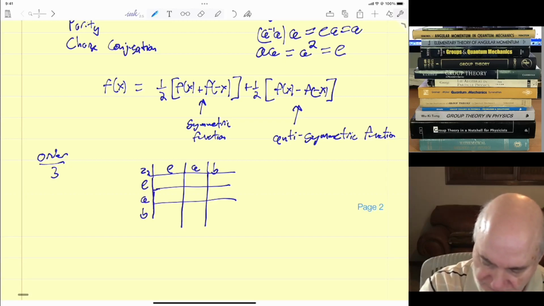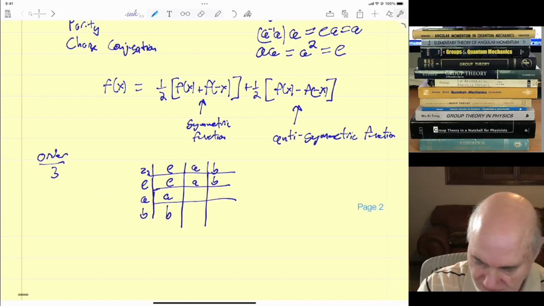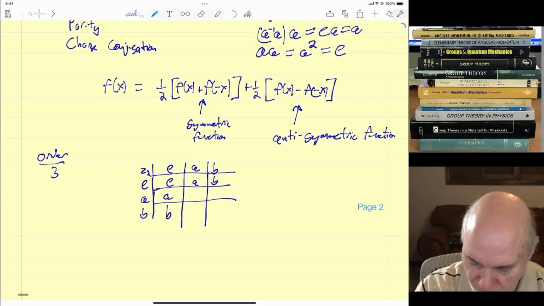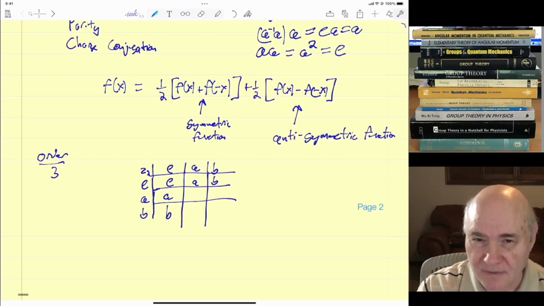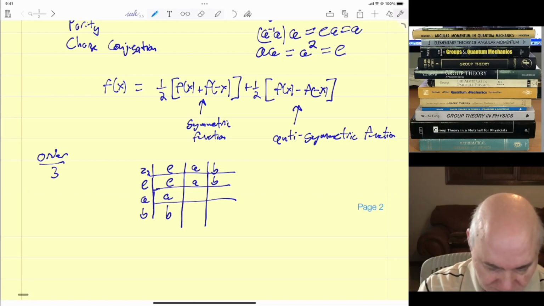Okay, so we can always fill out the first row and the first column because of the properties of the identity. Now, when we go to the other rows, the only thing we know right away is that this column has got to be B and E because of the rearrangement lemma which we established last time, and so on and so forth.